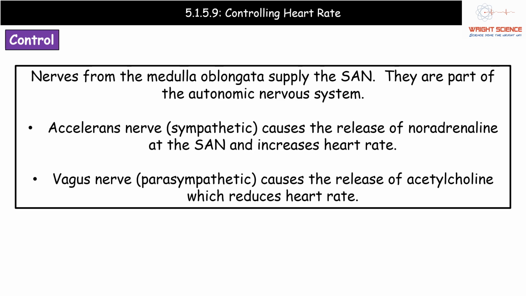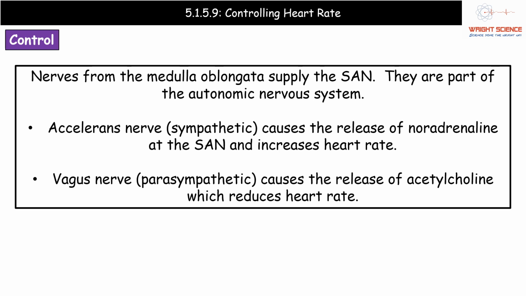So the way it works then is that from the medulla oblongata, we've got nerves that supply the sinoatrial node, and they're part of that autonomic nervous system. So remember, autonomic is the one that is kind of subconscious.